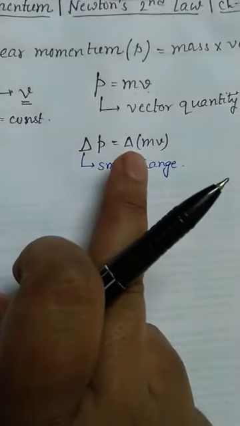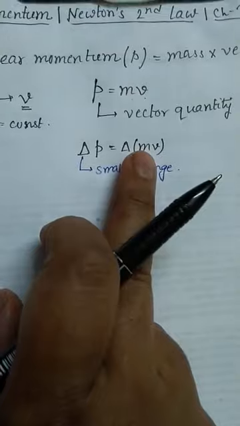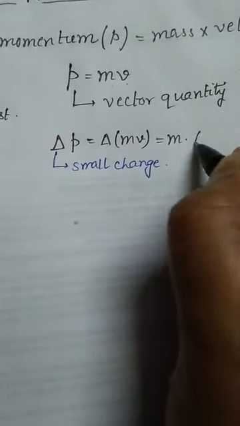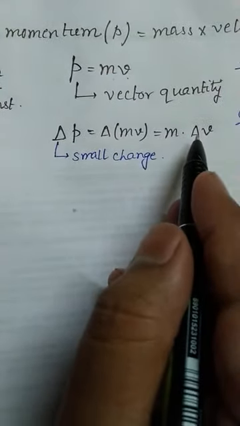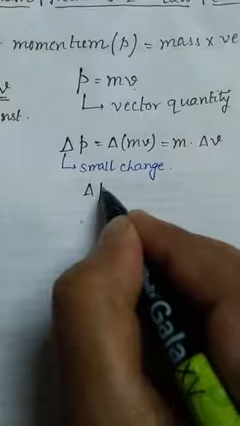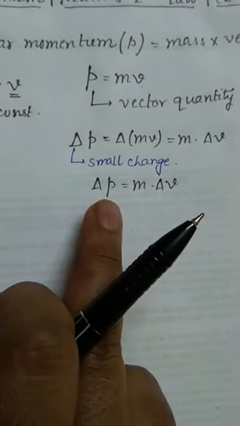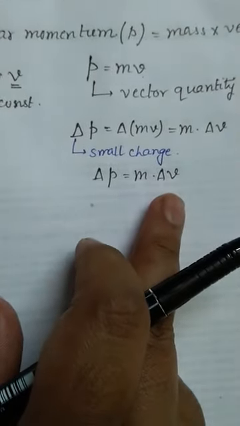But I have just told you mass is constant, so mass will not change and comes out, leaving delta v. So delta p equals mass times delta v. To calculate the change in momentum, we have to calculate the change in velocity.